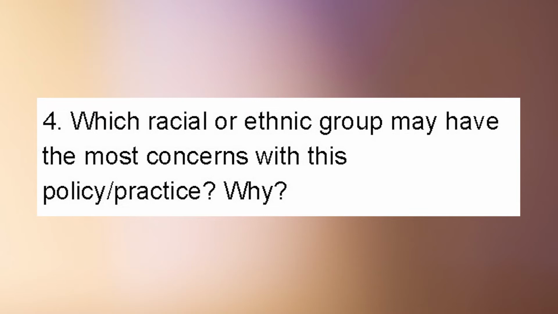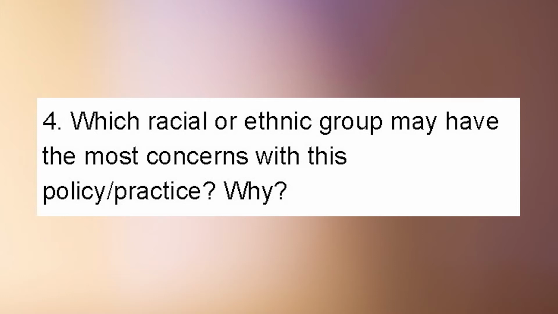Question number 4, similar to 3, but not the same. Which racial or ethnic group will have the most concerns with this proposal or initiative and why? Again, this is a 2-part question, and we have to identify the racial or ethnic group that has the most concerns and explain the why.